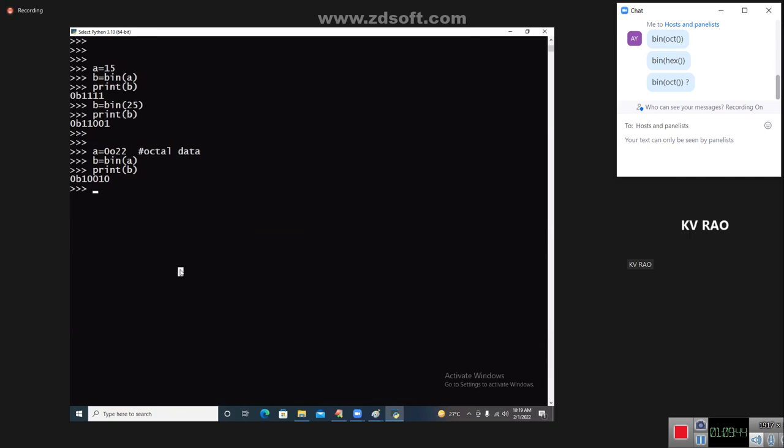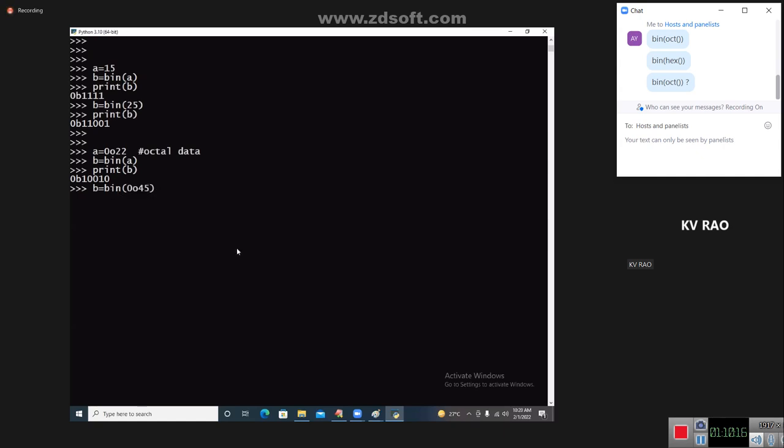Are you understanding my point? Yes. So we will be using it like this. Now you can also say directly bin of 0O45. This is a small technique. That 45 is octal data.